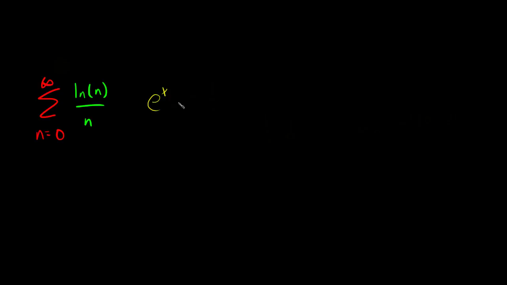So let's say x equals ln of n. If you think about it, this x value is essentially what ln of n equals in this instance, if you can follow what I'm saying.